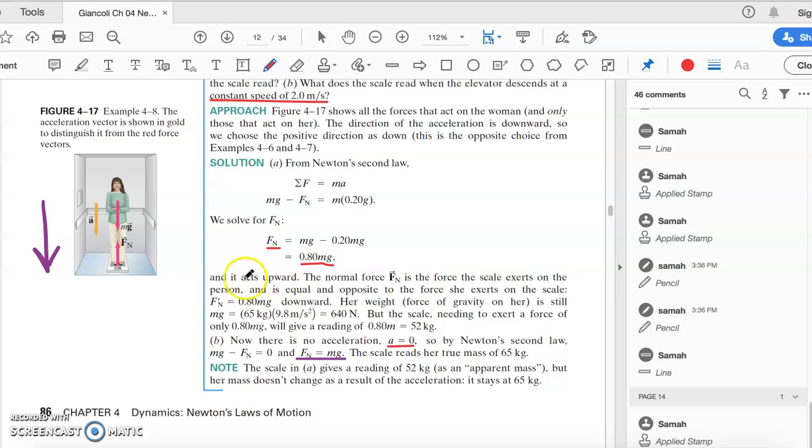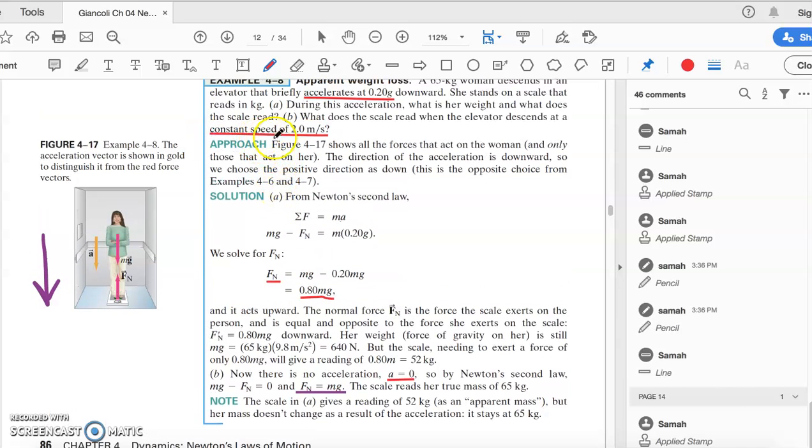Again, it's about the reading of a scale inside an elevator and how it will be different than reading the scale on normal ground without the elevator, and how it will be different if the elevator is moving with an acceleration a, or if it's moving with a constant speed, with a equal to 0. So again, we are in front of two situations.